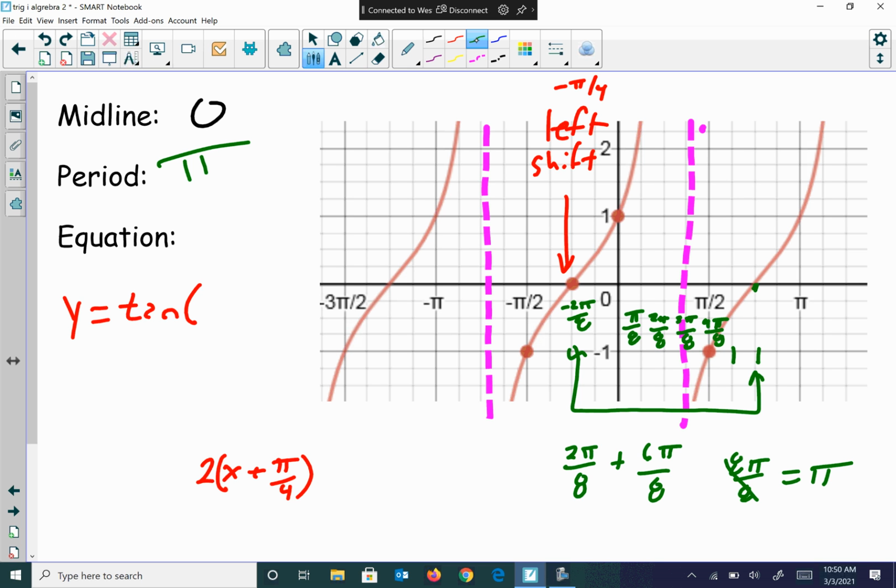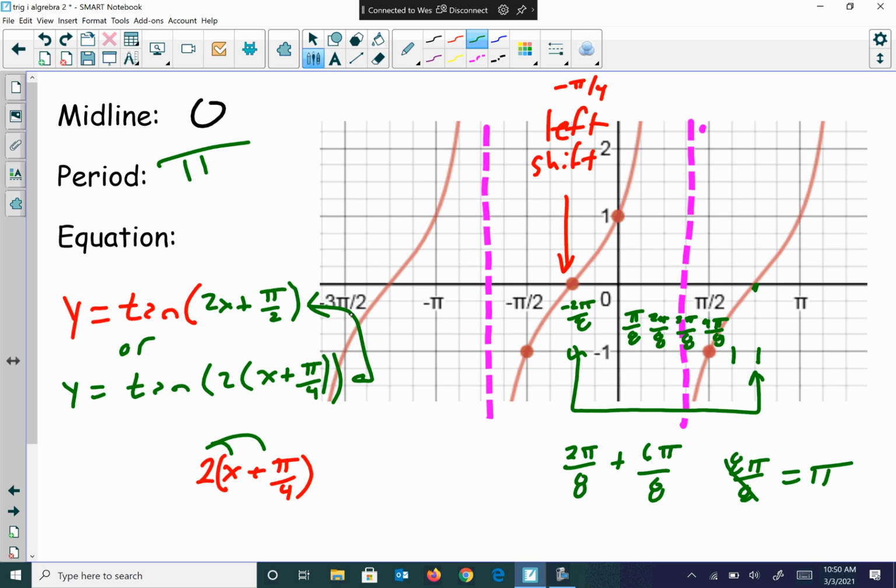If I didn't want to have double parentheses, if I distributed this over, that's going to give me 2x plus pi over 2. Or if you wanted to show the shift, you could do tangent of 2 times the quantity x plus pi over 4. So I think both those answers are correct.